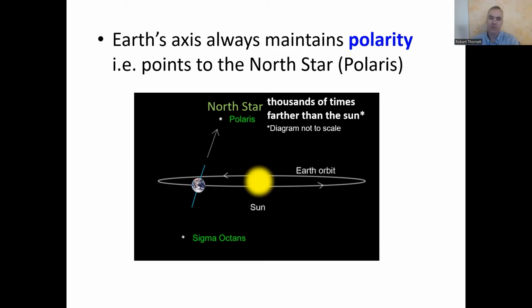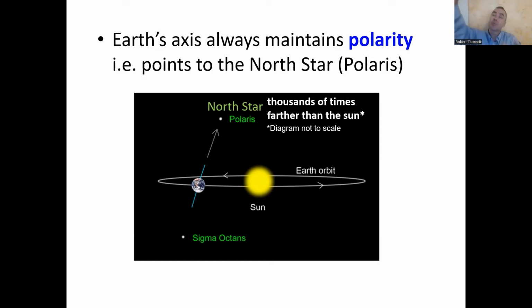When you see the Earth moving over here to the right on that orbit, it's going to not point to that North Star anymore. That's because the diagram is not drawn to scale. You can't draw it to scale because the North Star is so far away. The sun is extremely far, and then the North Star, Polaris, is thousands of times farther than that. So you would not be able to draw where the North Star is.